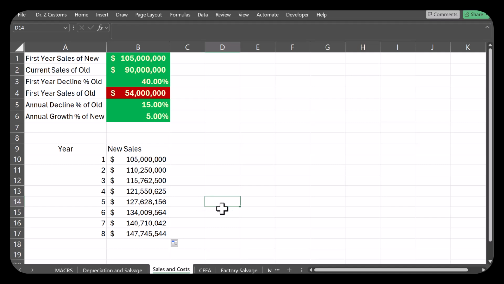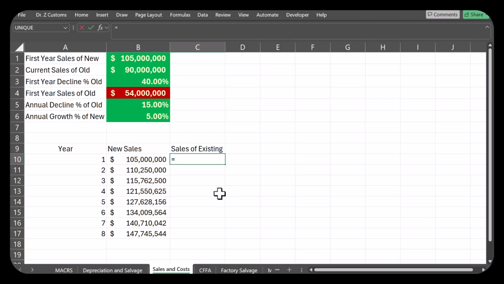For the old product, I need to figure out the change in the sales compared to the base. And let's first get the sales of old or existing. Well, the first year I'm gonna get 54, okay?